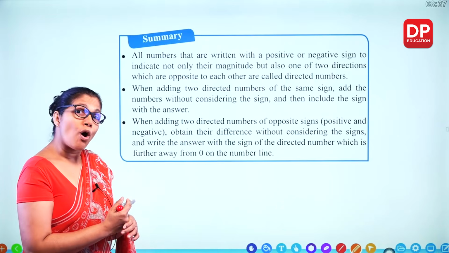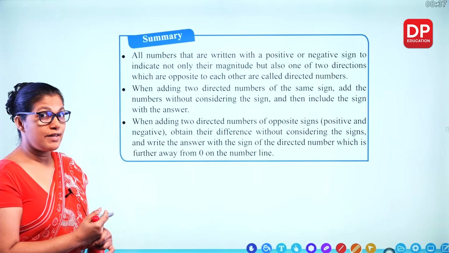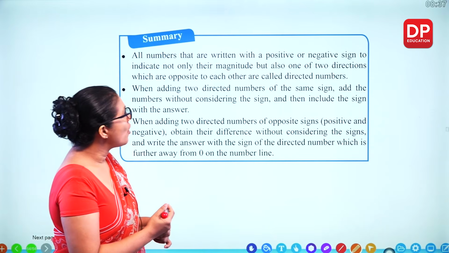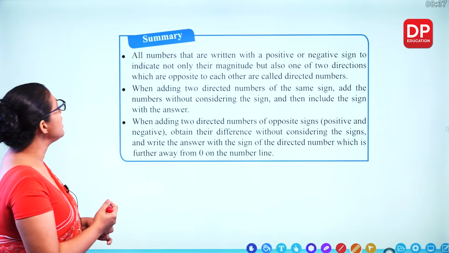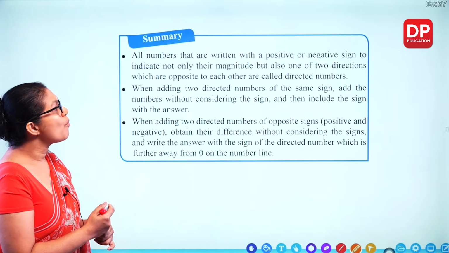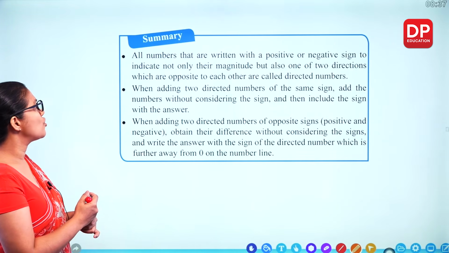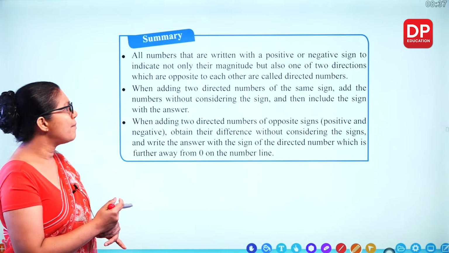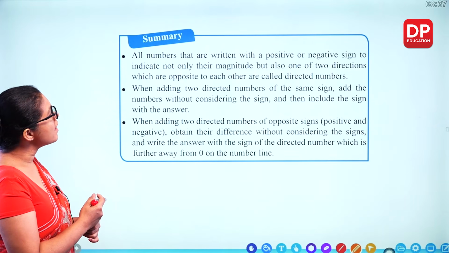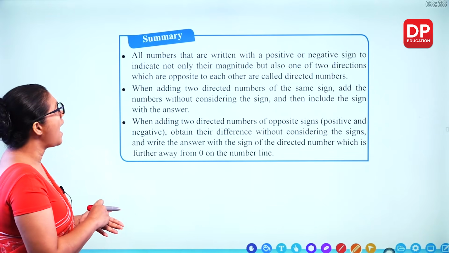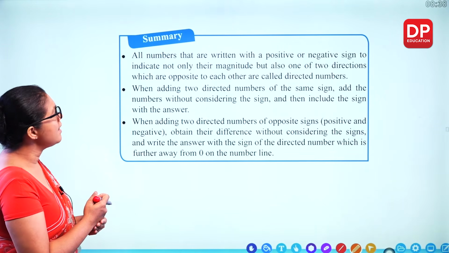So we covered all theory related to directed numbers. All numbers that are written with positive or negative sign to indicate not only their magnitude but also one of 2 directions which are opposite to each other are called directed numbers. When adding 2 directed numbers of the same sign, just add the 2 numbers and consider the sign.